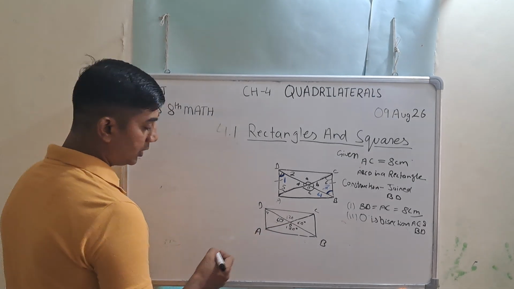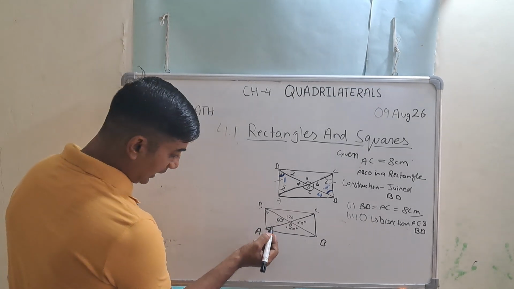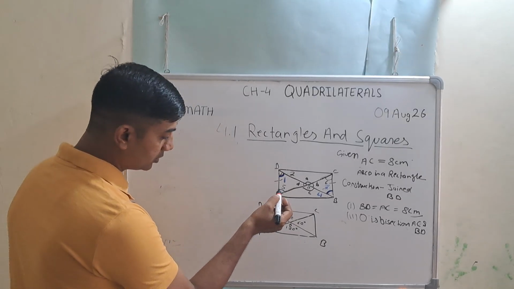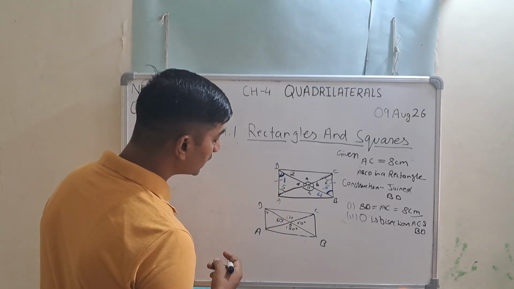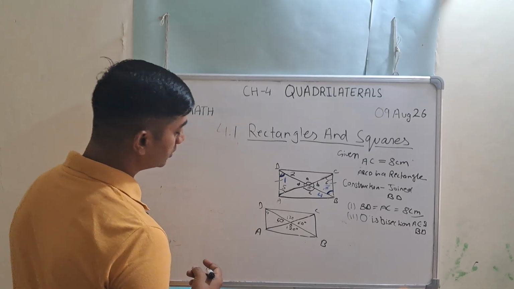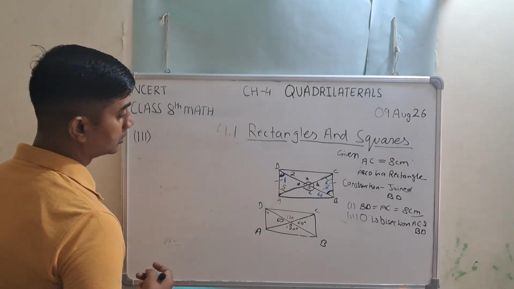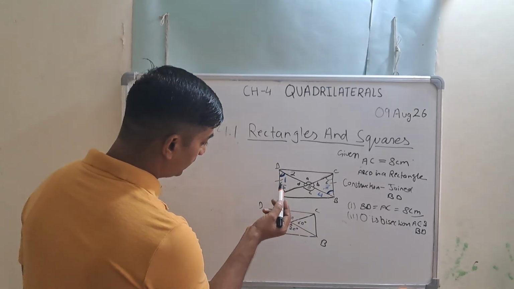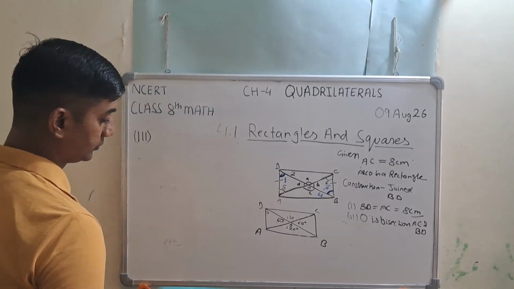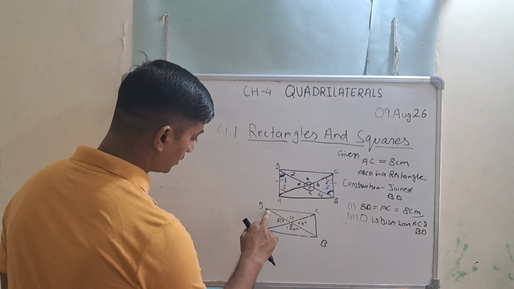And how will you conclude that? We have already seen that angle 1 is equal to angle 5. Understood?